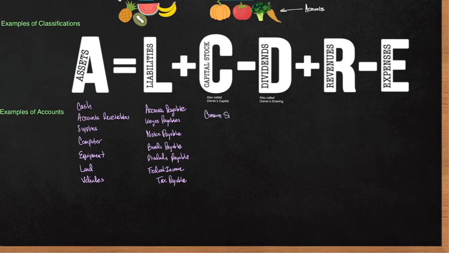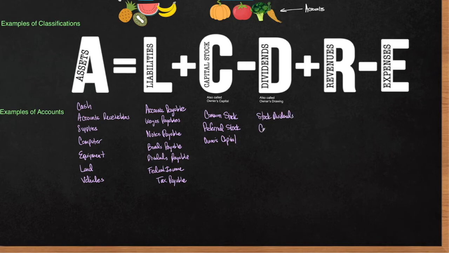Your business is making lots of money, it makes net income, and the government will want to tax you on that net income. All right, what accounts are examples of capital stock? Well, if it's a corporation, you'll have what's called common stock or preferred stock, which we'll get into later in the chapters. That's a little bit later down the line. Normally, it's called owner's capital, so the owner's name and the word capital.